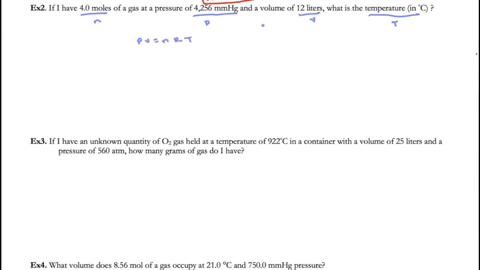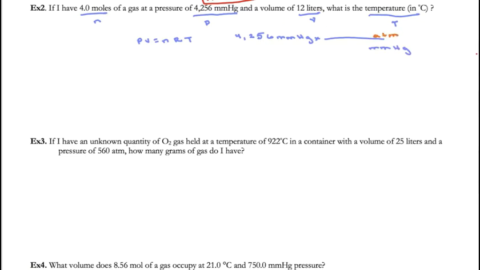All right, my pressure right now is in millimeters of mercury, but remember for my ideal gas law, I need to be in atmospheres. So I'm going to take 4,256 millimeters of mercury, and I need to first convert that into atmospheres. So I'm going to get out of millimeters of mercury by putting it on bottom. I'm going to get into atmospheres.